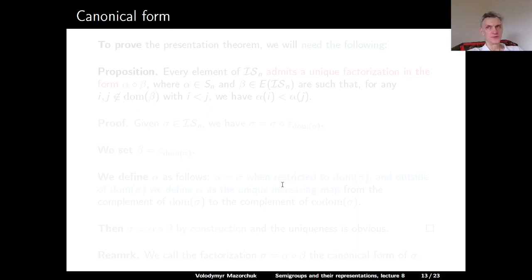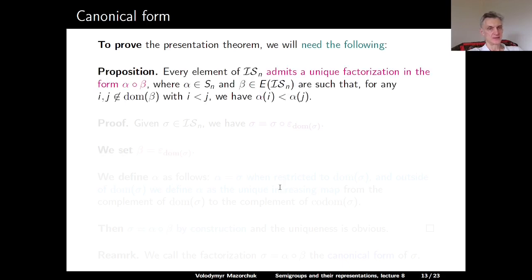In order to prove the theorem about the presentation for ISn, we would need the following proposition, which describes a certain canonical form for an element in ISn.